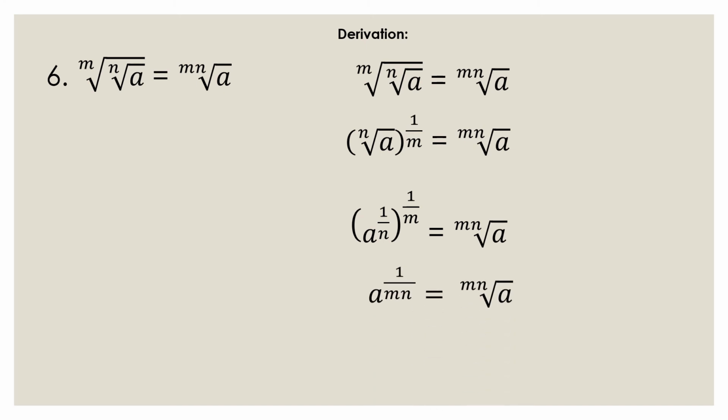Therefore, a raised to the power of 1 over mn is equal to mn root of a, and we can say that the mth root of nth root of a is equal to mn root of a.